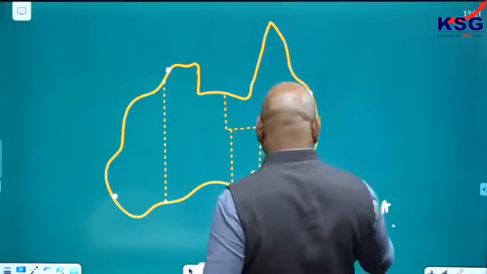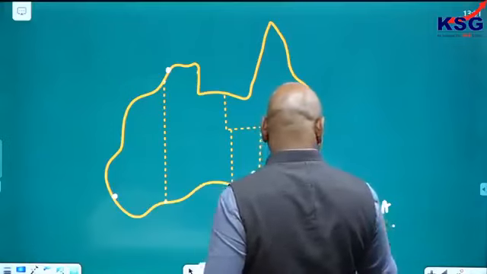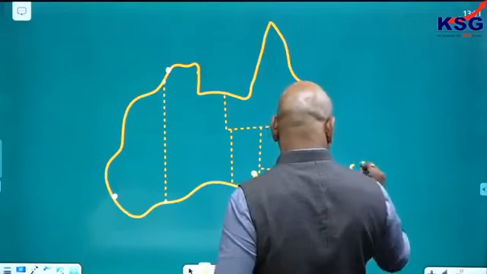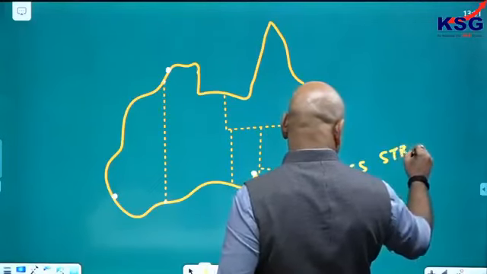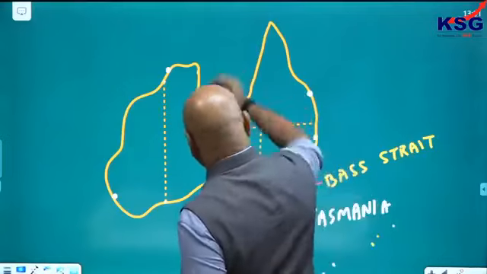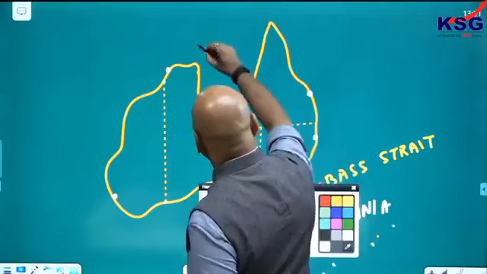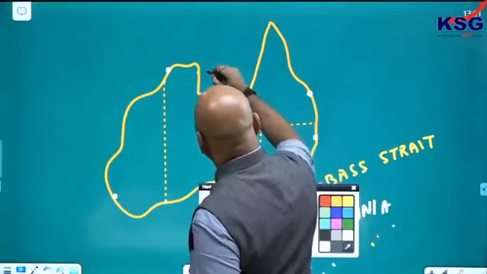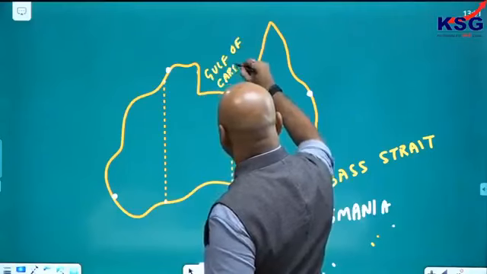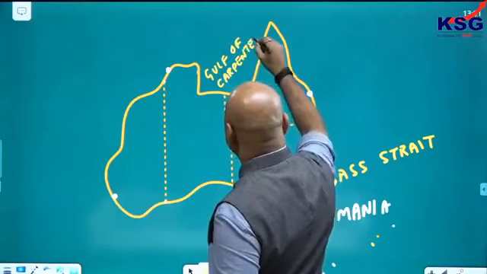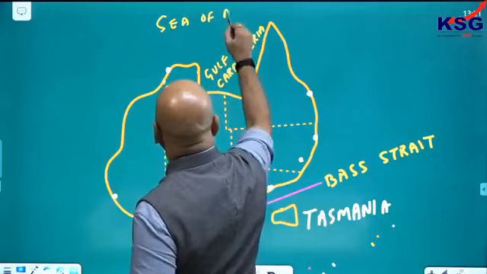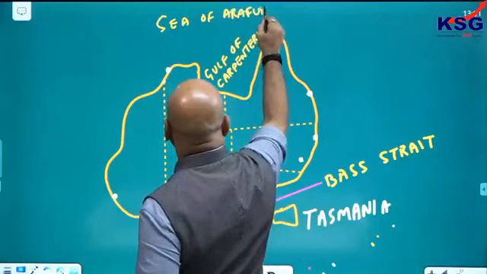This is the Bass Strait, and here you have the Sea of Arafura. This is the Gulf of Carpentaria. This is the Sea of Arafura. Can you see this?